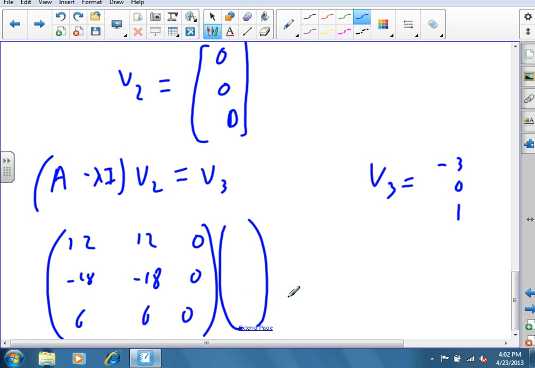C2 and C3. Okay. But there's no t's in the problem. There's no t's in the problem.